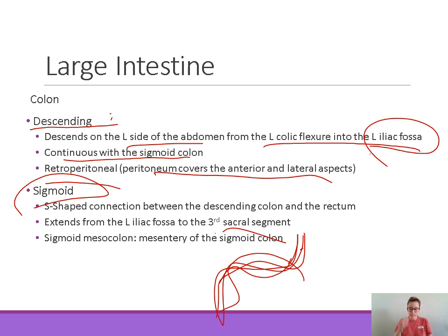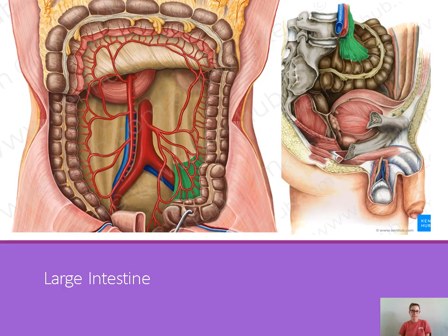The sigmoid mesocolon is the mesentery of the sigmoid colon. So there is a normal mesentery that extends off the sigmoid colon. It's the sigmoid mesocolon. Looking at this picture on the right, you can see the sigmoid mesocolon, right?